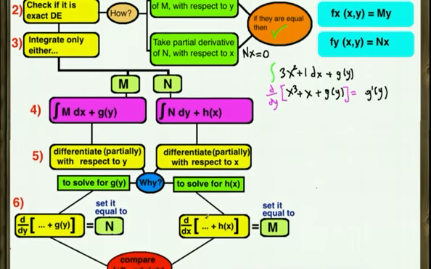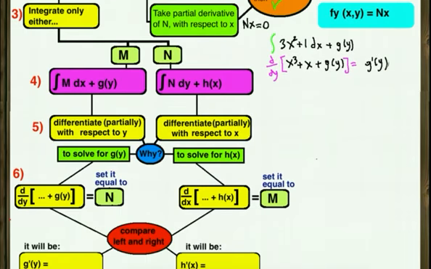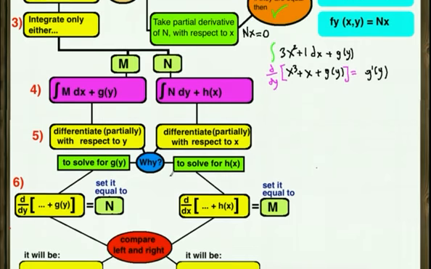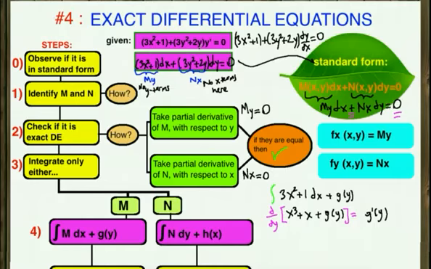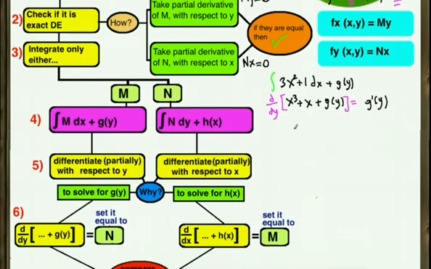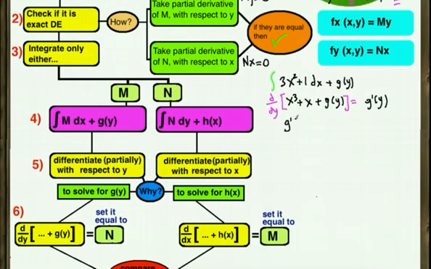Now we're going to set this equal to the N part of the original function. And what was the N part? 3y² + 2y. So g'(y) is equal to 3y² + 2y.